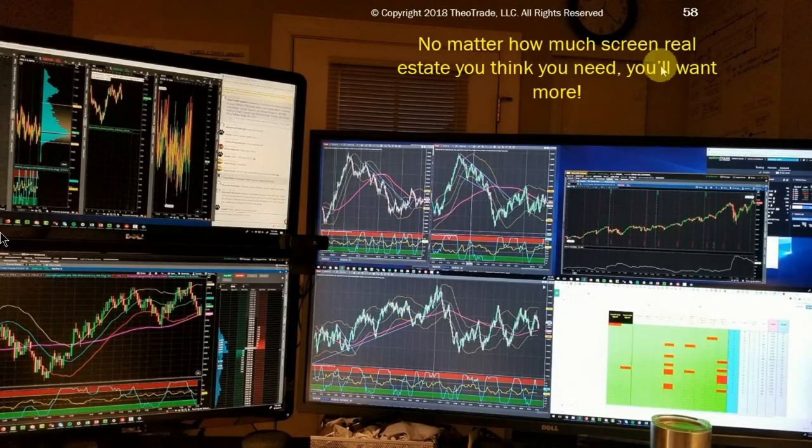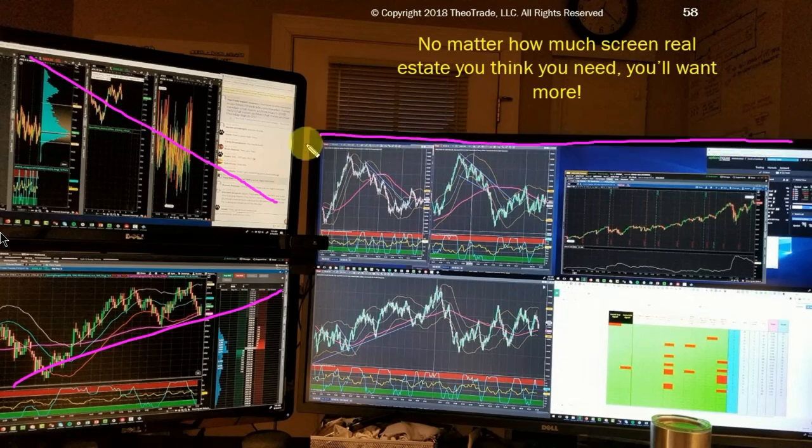No matter how much real estate you think you have, you'll want more. This is my current system right now. These are a couple of 24 monitors, and this is the Dell setup that I have. What I like about the Dell setup is that it's got 4 virtual monitors. And you can also take any one of these and say, display the entire screen on this one monitor.